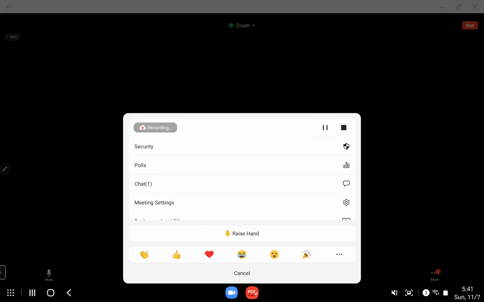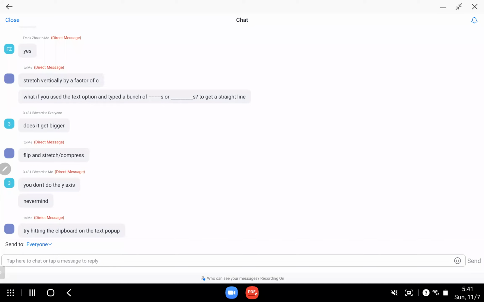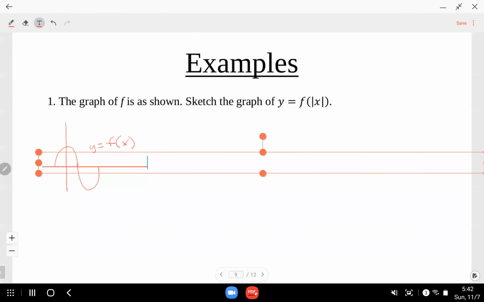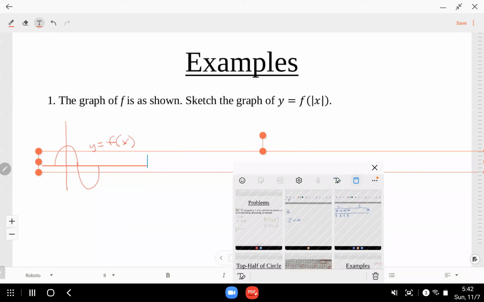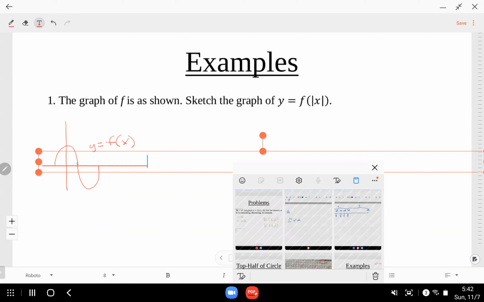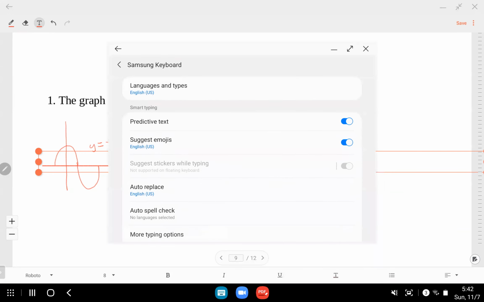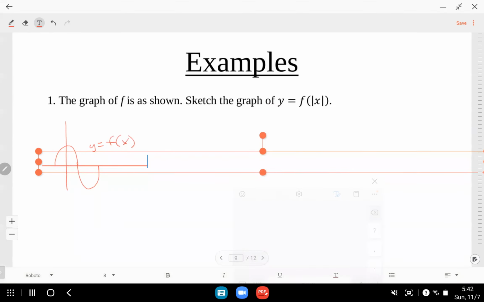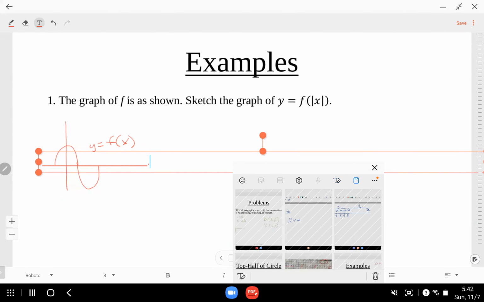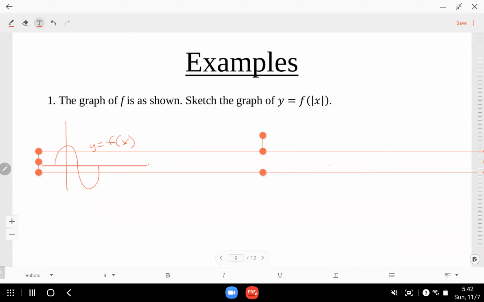All right, we have one answer. Hopefully if it's an answer. Try hitting the clipboard on the text pop up. No, doesn't work. Already tried it. Oh wait, this is fun.